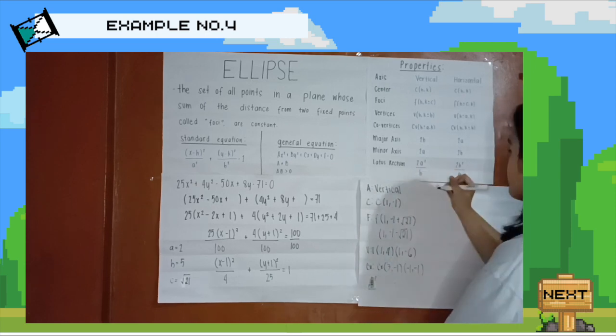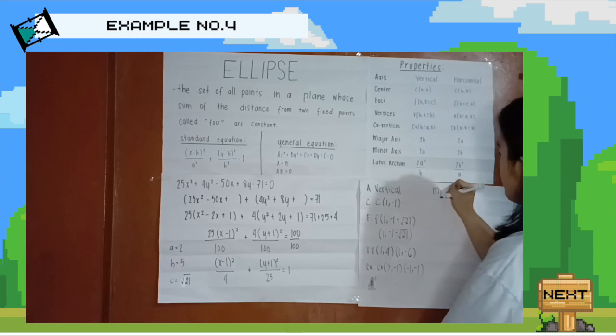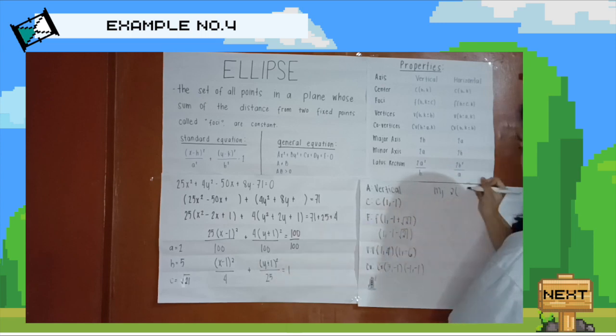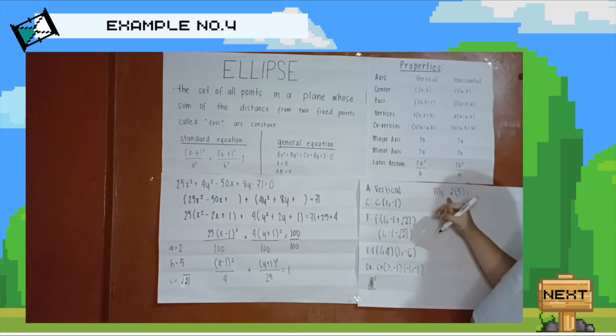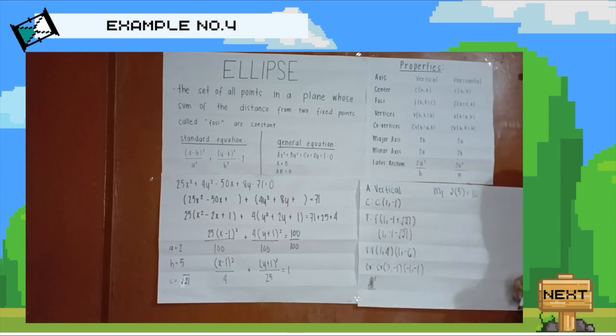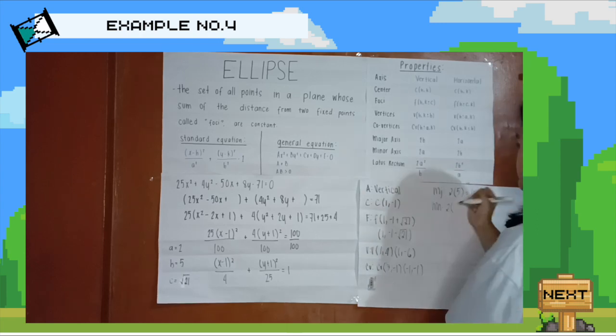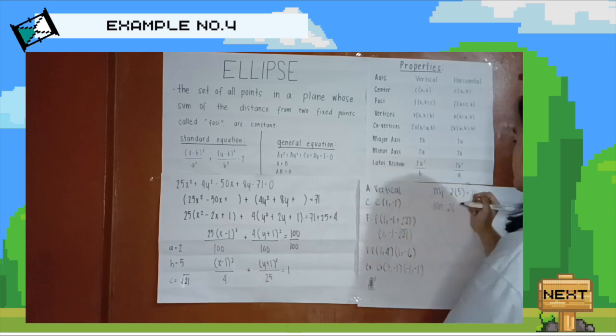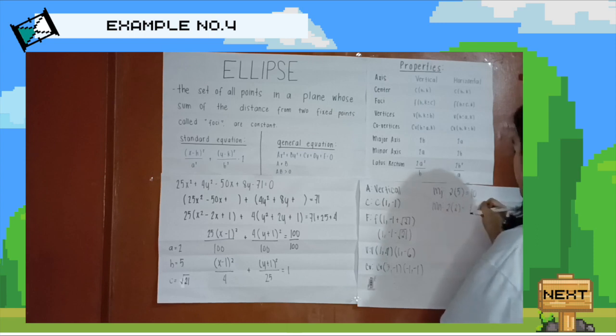So major axis, 2 and B 5. So 5 times 2 is 10. So our major axis is 10. And to solve for minor axis, 2 and A. So 2 times 2 is 4.